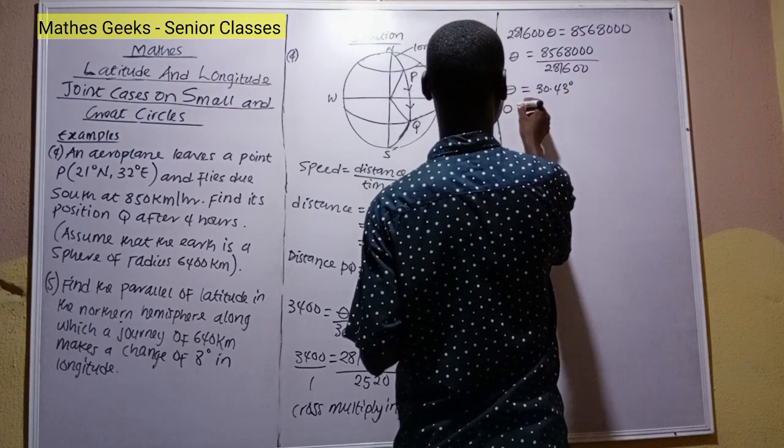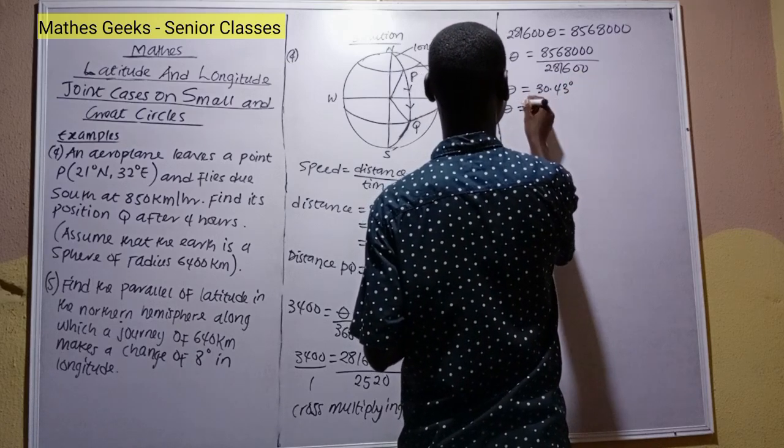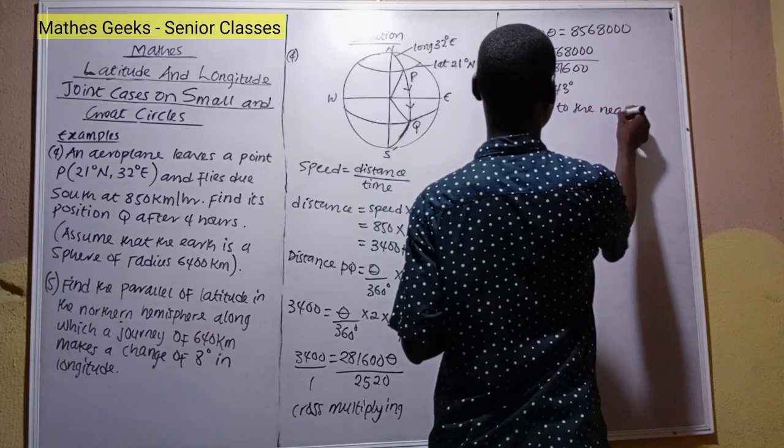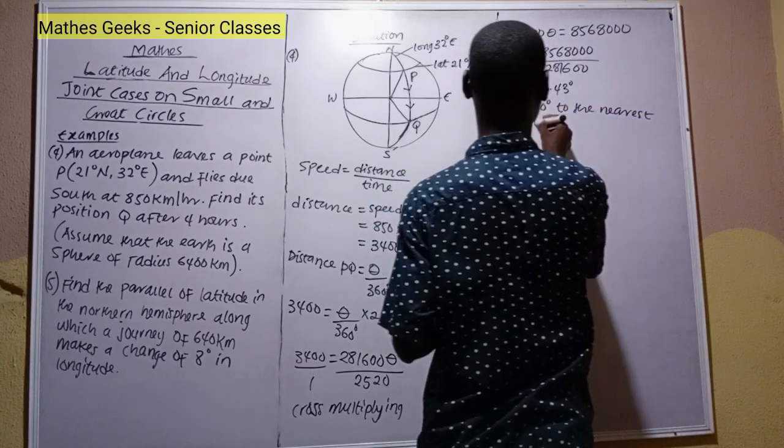So theta is approximately 30 degrees to the nearest degree.